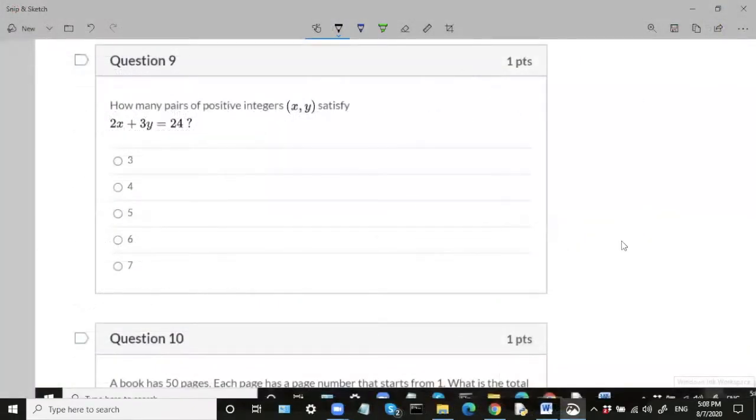Problem 9. How many pairs of positive integers x, y satisfy 2x plus 3y equals 24? So we have the equation 2x plus 3y equals 24, with x greater than 0 and y greater than 0, and all integers.